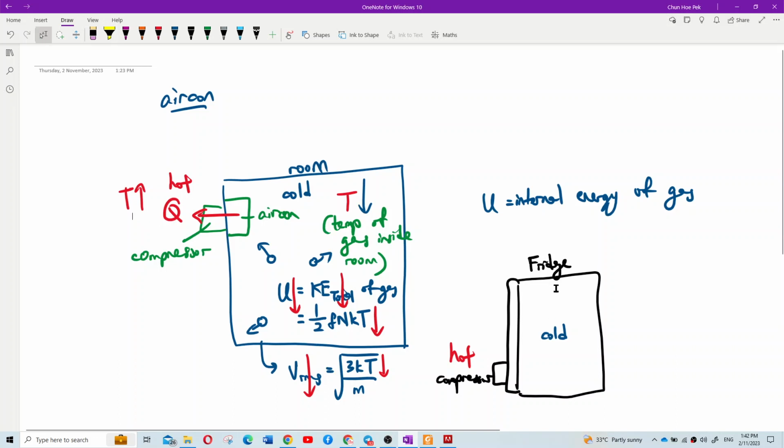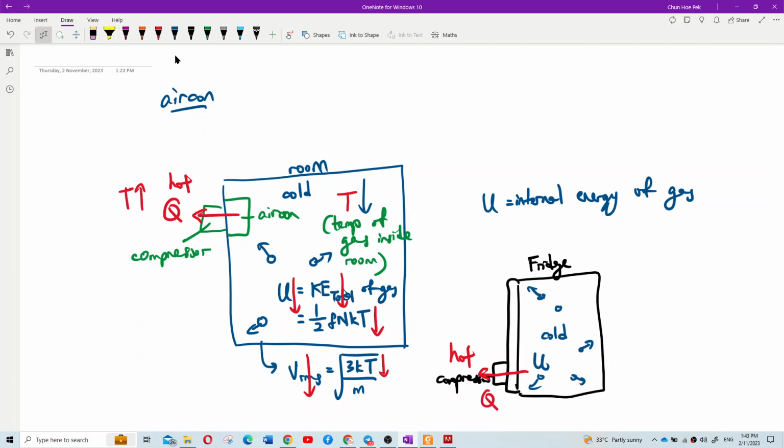Same goes to the fridge. You know how the compressor in the fridge works? Inside the fridge there's a gas, but of course everywhere is gas, gas particles. But the gas has internal energy. So the compressor takes the energy out from the fridge in the form of heat.